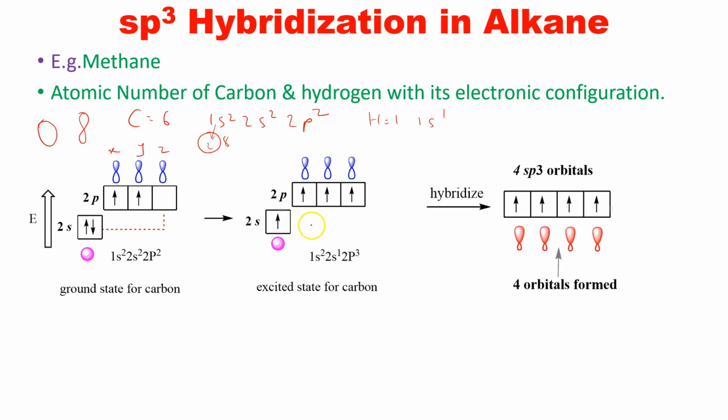Now once it becomes hybridized, once it becomes of equal energy, you can see the energy difference over here also with the help of this arrow. But when it becomes hybridized, all the shells become of equal energy. So there is mixing of one s orbital and 3 orbitals of p, 2p3.